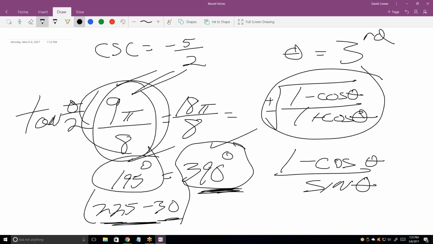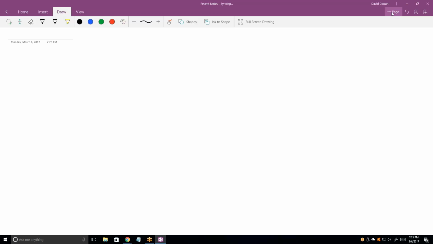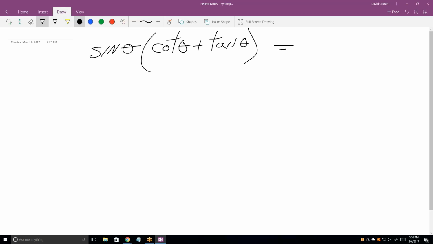All right, what else you got? More verifying identities. Okay. It's sine of theta times cotangent of theta plus tangent of theta, all in the parentheses, equals secant of theta.